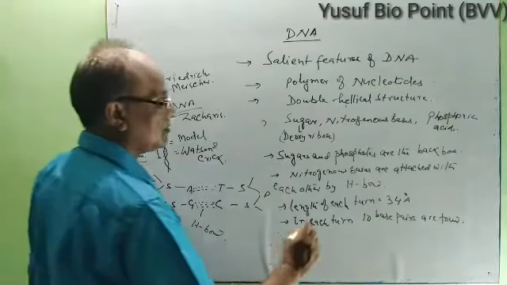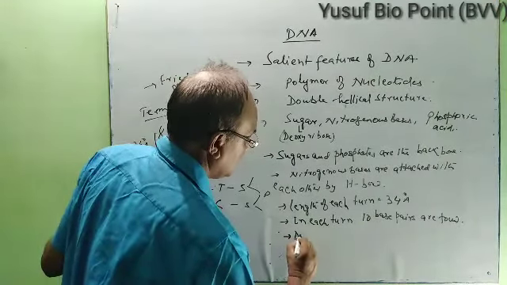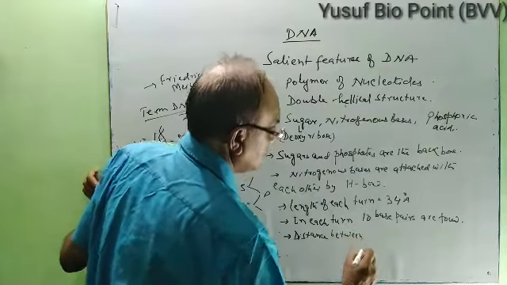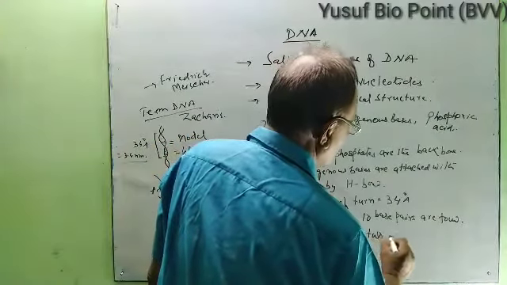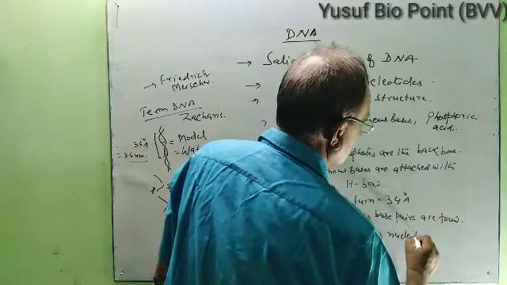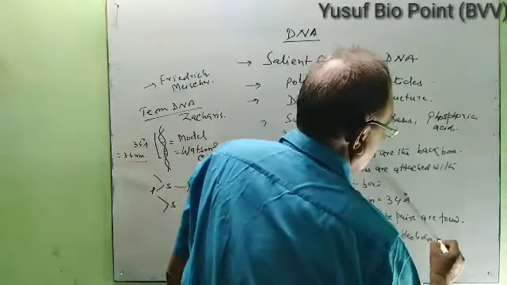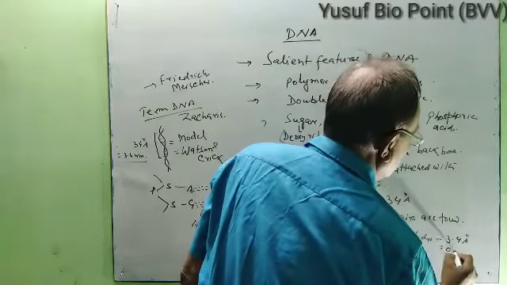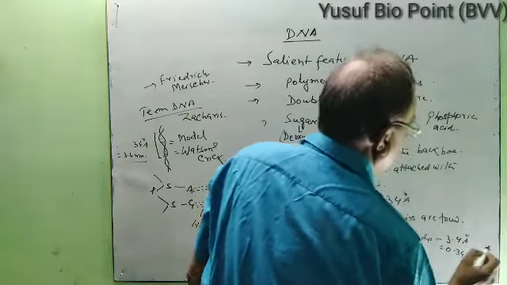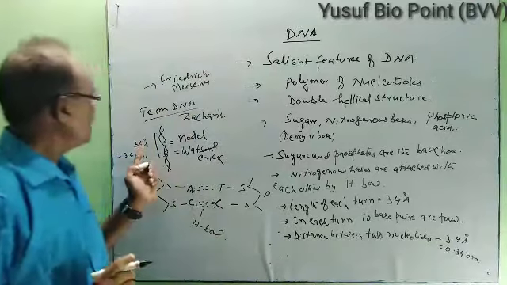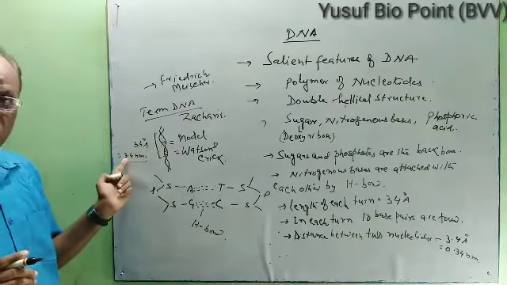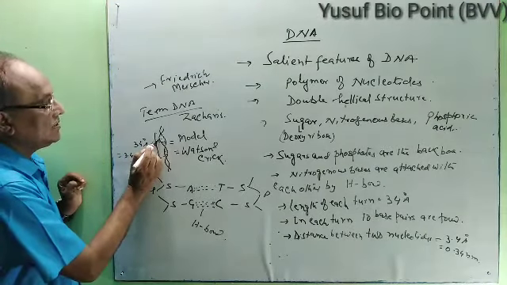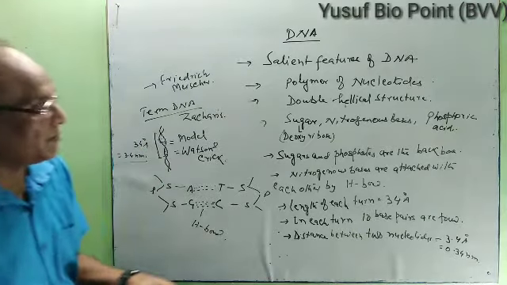So the distance between two nucleotides is 3.4 angstrom or 0.34 nanometer. So that is 34 by 10 or 3.4 by 10. That is, from this to this, each has a distance of 3.4 angstrom. Understand?